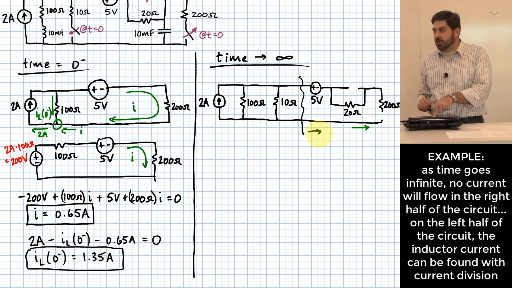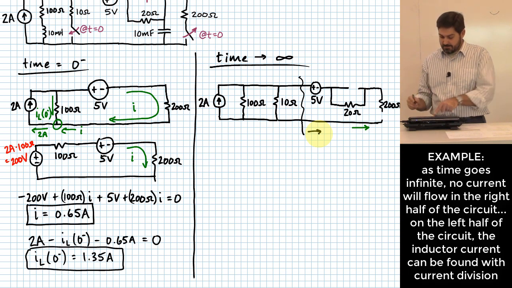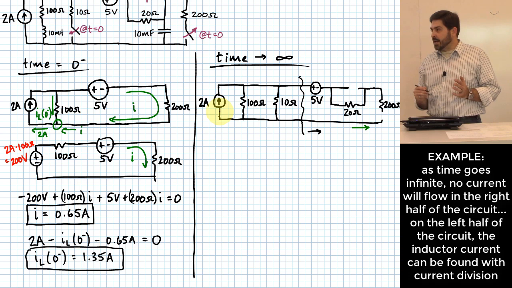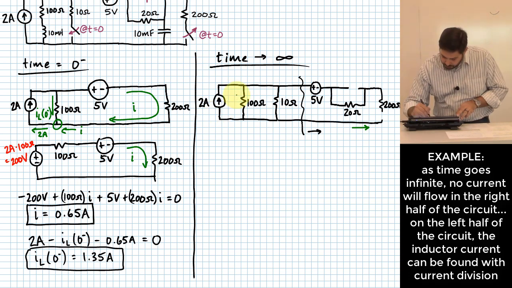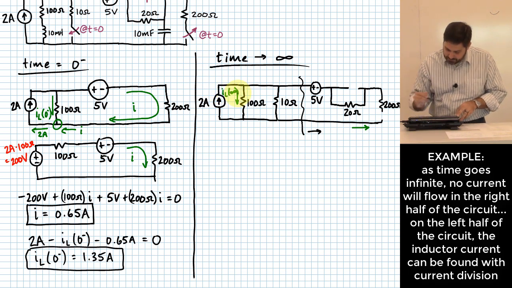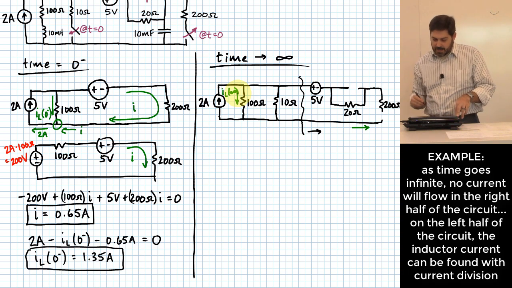There's no place for current to go, so none of that matters. What does matter is what I have on the left. Where is the current that I care about, through this inductor? I'm going to define it in the same direction again. This is going to be I sub L at infinity. Okay, how do I figure that out?